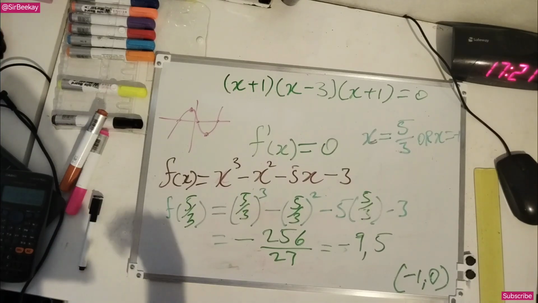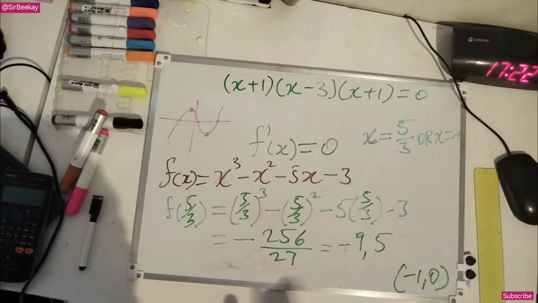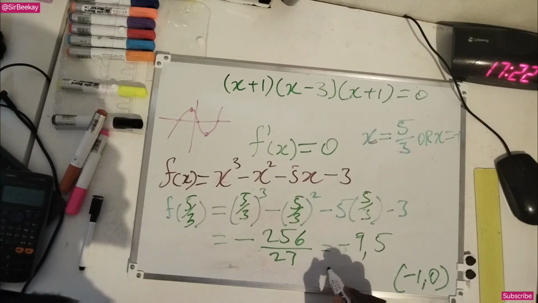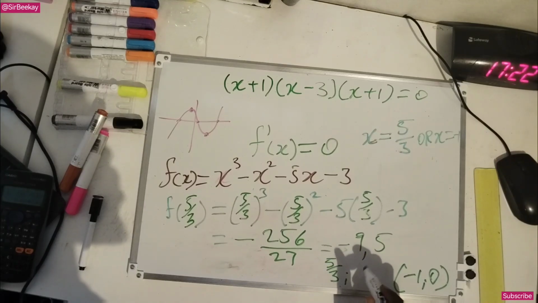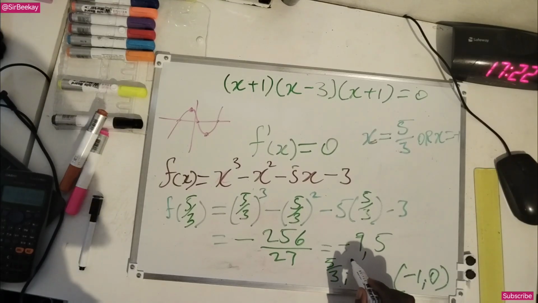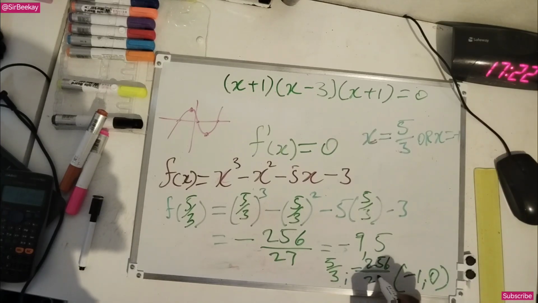Okay, then my second coordinate is 5 all over 3, minus 256 all over 27. It's becoming chaotic now.